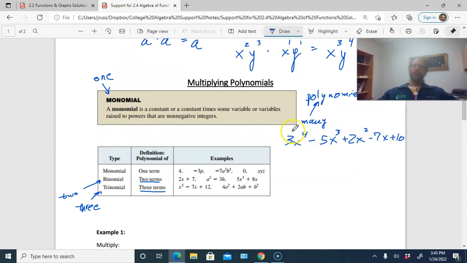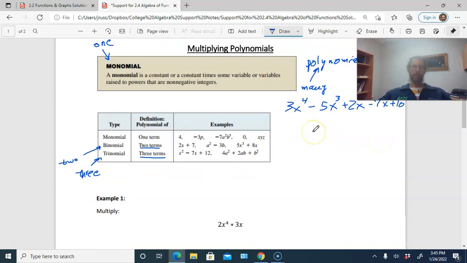These polynomials, all of these terms, the x's have positive powers. So 4, 3, 2. This x right here with the 7 has an understood power of 1. So the variables will always have positive integer powers. Furthermore, you will never have an x in a denominator in a polynomial.